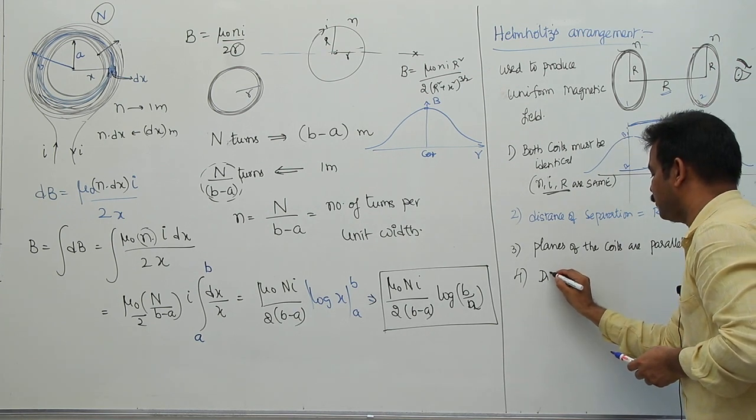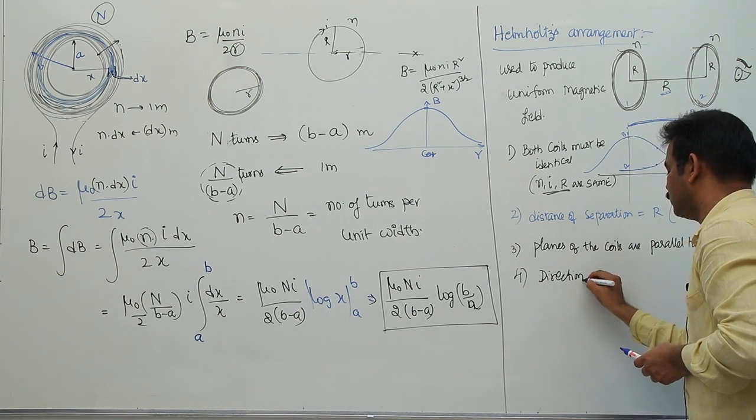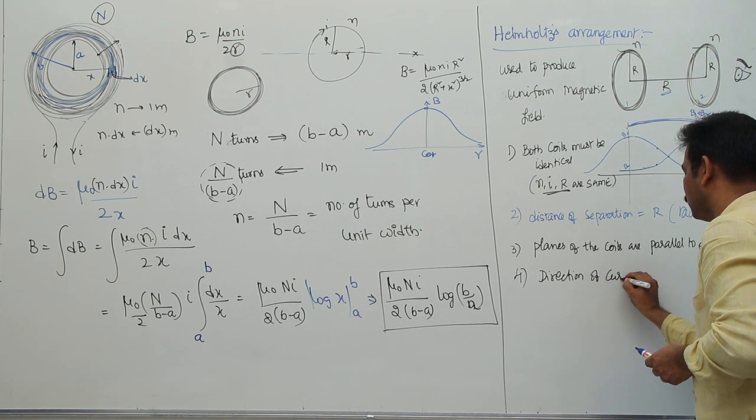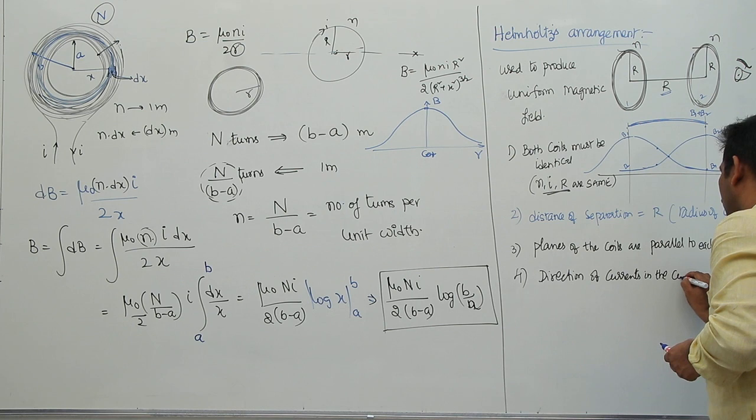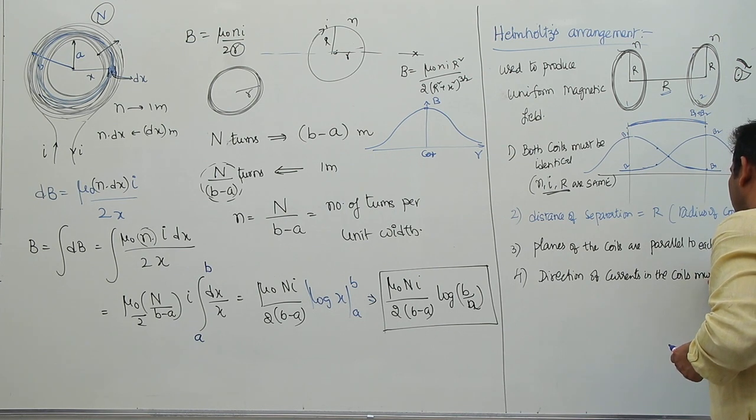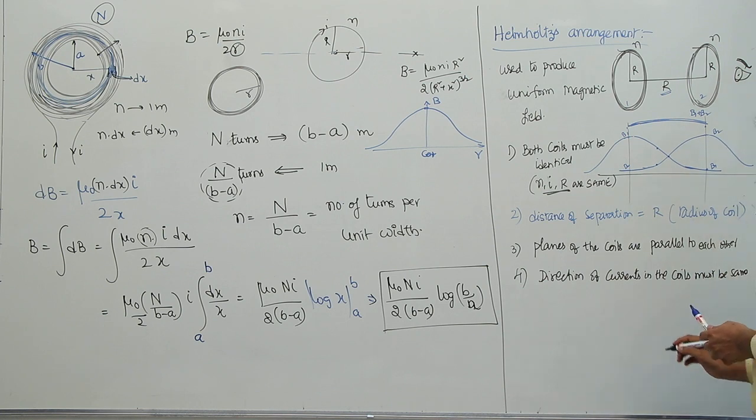So the direction of currents in the coils must be the same when viewed from any side. So these are the four conditions.